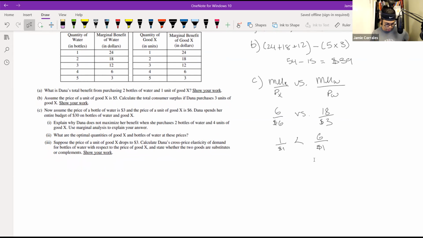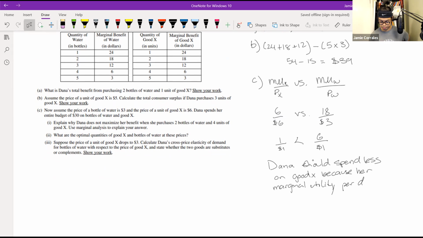Is it asking us to explain? Yeah. So you would say Dana should spend less on good X because her marginal utility per dollar is lower than water.